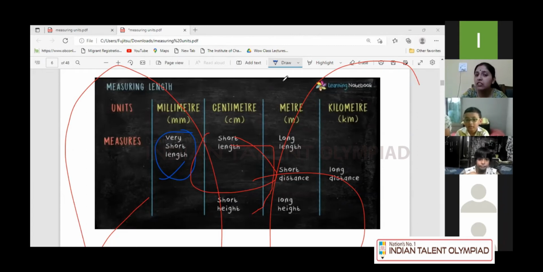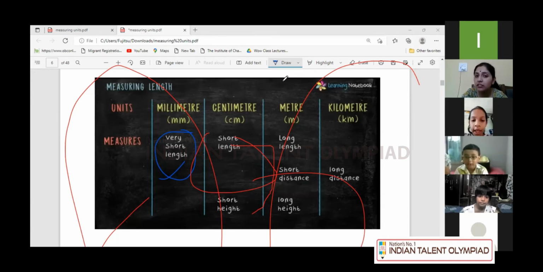And meter is for short distance. Very good. And centimeter? Short length and short height. Very good. And millimeter? Very short distance, to measure very small lengths. Very good.